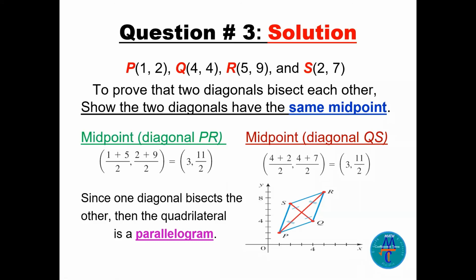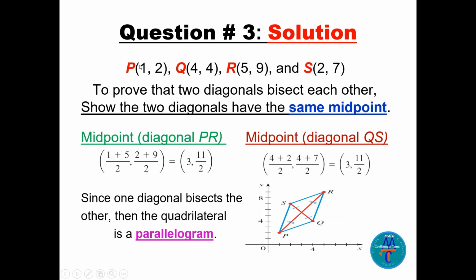Let's look at the solution of question number 3. We have 4 points P, Q, R, and S. To prove that the two diagonals bisect each other, we have to show the two diagonals have the same midpoint. We know the formula for a midpoint: (x1 plus x2 over 2, y1 plus y2 over 2).